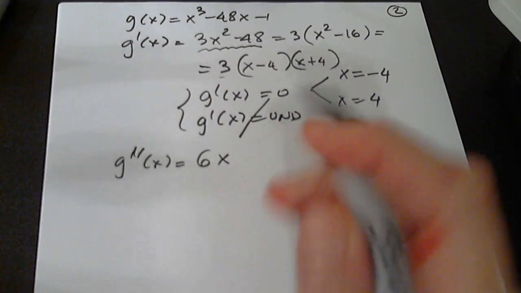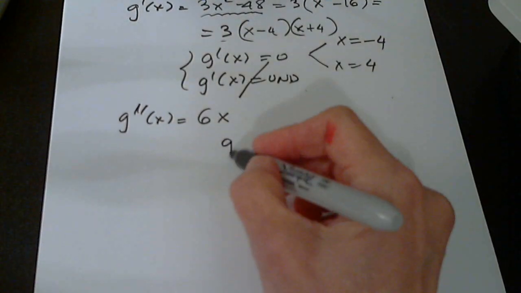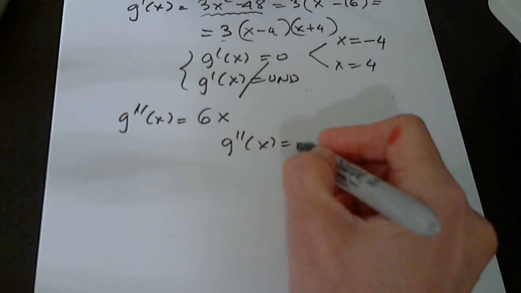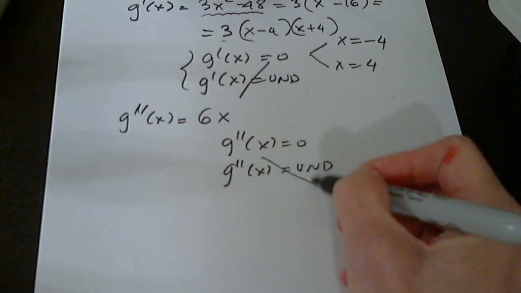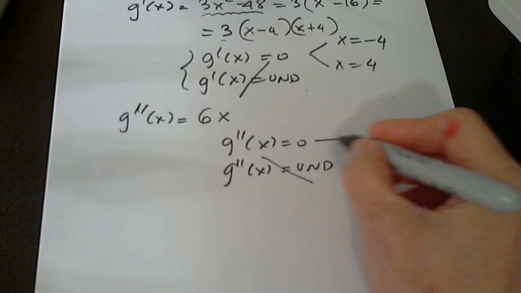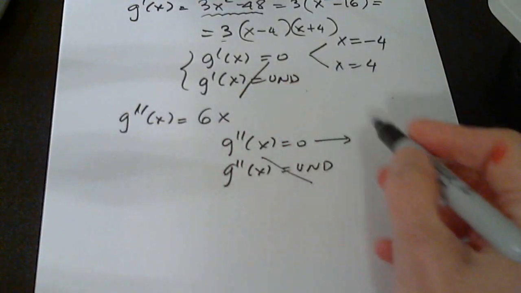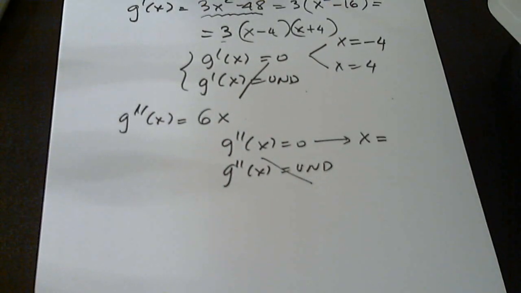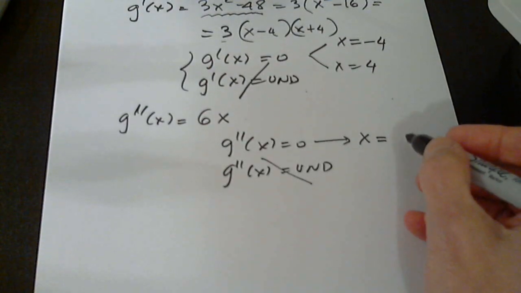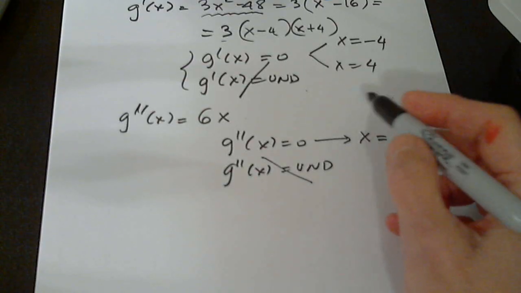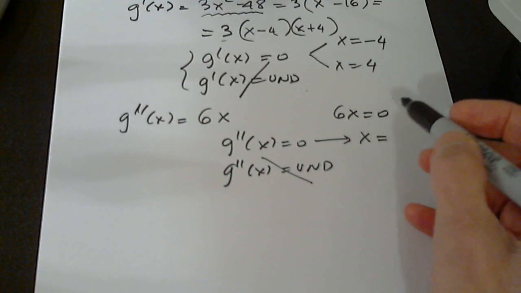Perfect. Okay. Again, G double prime of x equals 0, or G double prime of x is undefined. No, it's a polynomial function. So when is this 0? When x equals? When is 6x equal to 0?